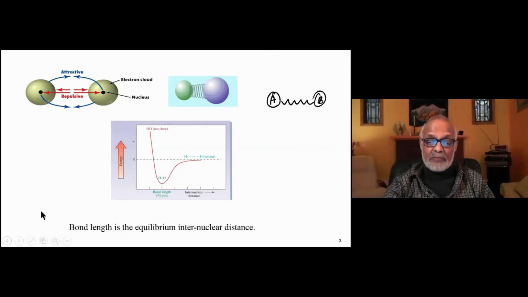But if they move too close to each other, then the repulsive forces become greater, and the energy keeps going up. So too much intimacy between the two atoms is not a good thing. That's why you should keep your partner at a certain distance.